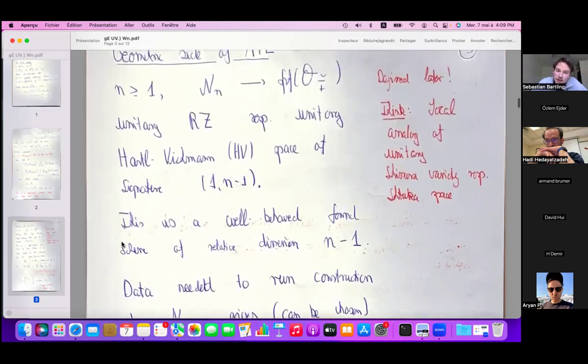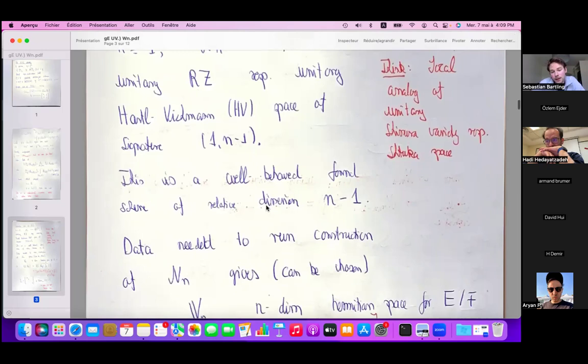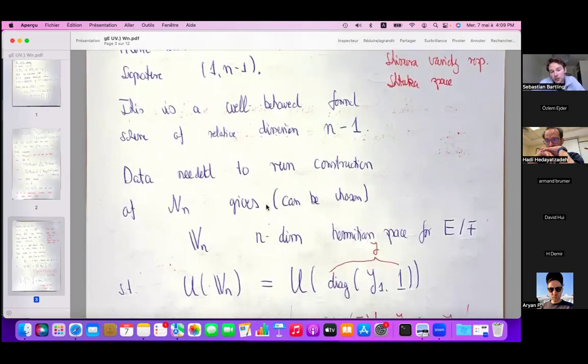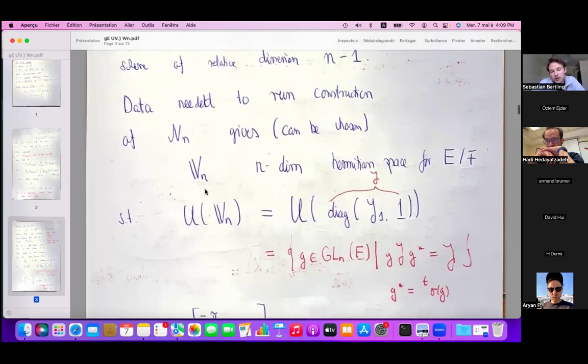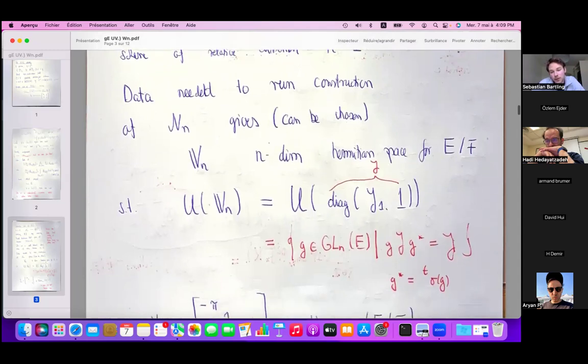We will see it's actually defined in terms of a deformation space. So part of the data you need to fix to construct it is what you deform. And the thing you deform will buy you, in particular, an n-dimensional Hermitian space for this quadratic extension.